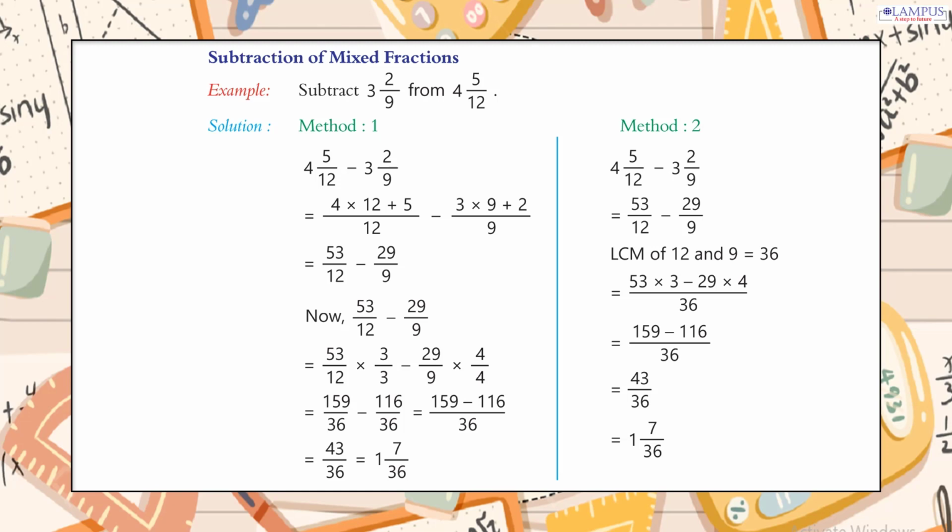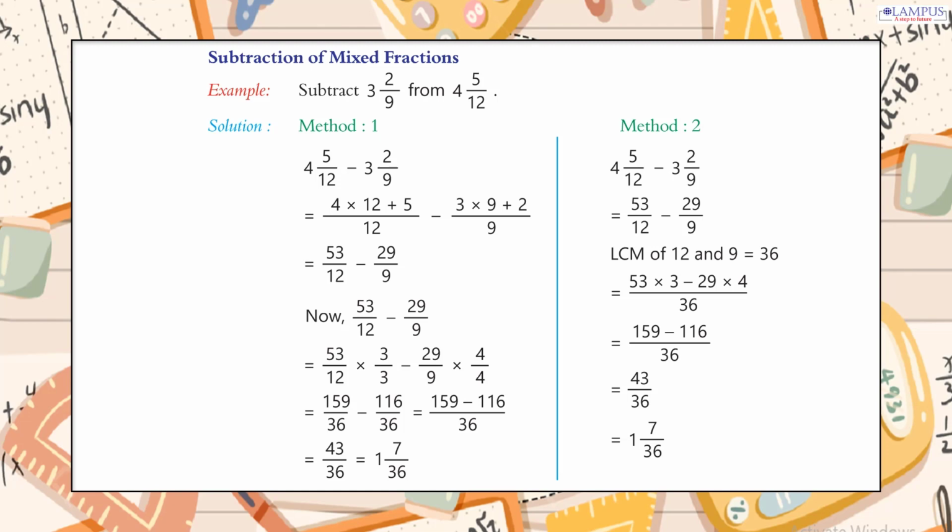Now, 53 by 12 minus 29 by 9 equals 53 by 12 multiply by 3 by 3 minus 29 by 9 multiply by 4 by 4 equals 159 by 36 minus 116 by 36 equals 159 minus 116, whole divide by 36, equals 43 by 36 equals 1 and 7 by 36.